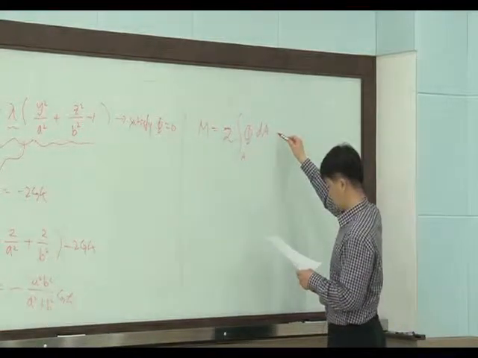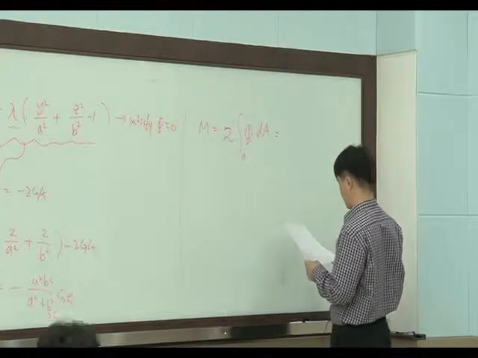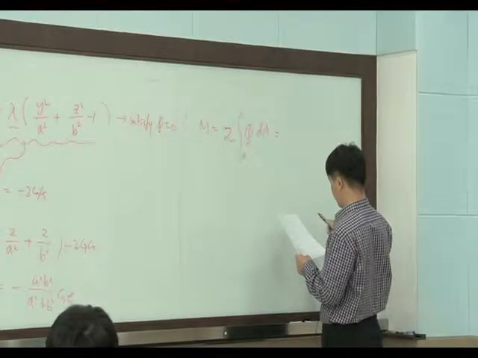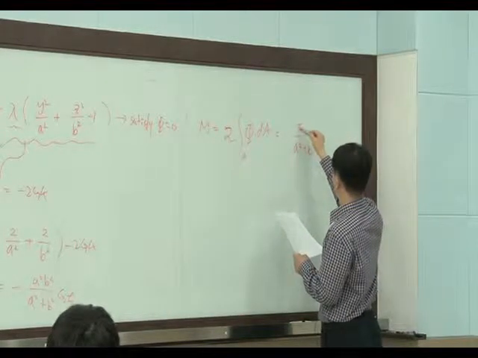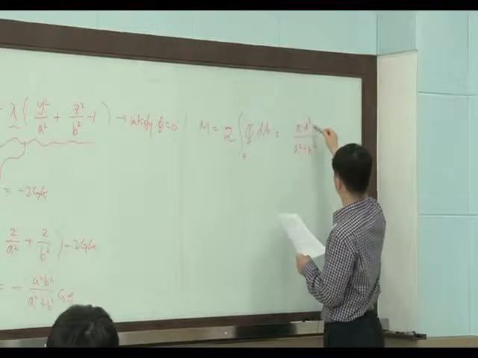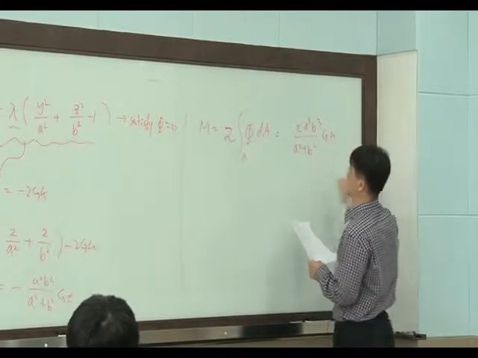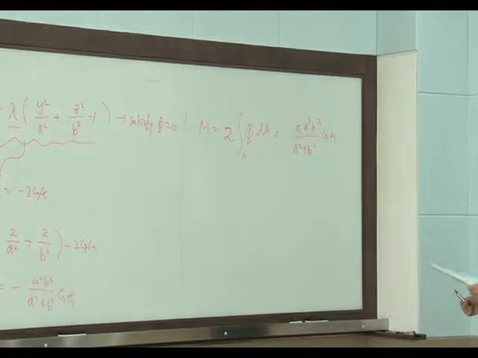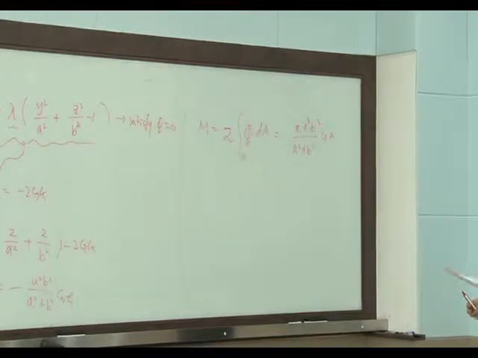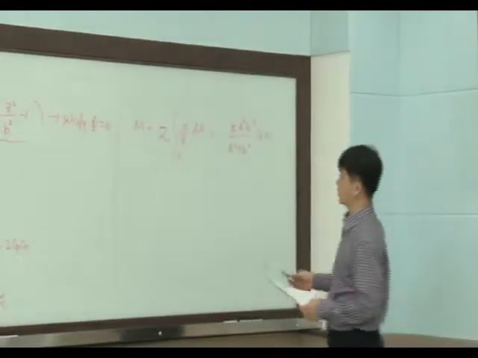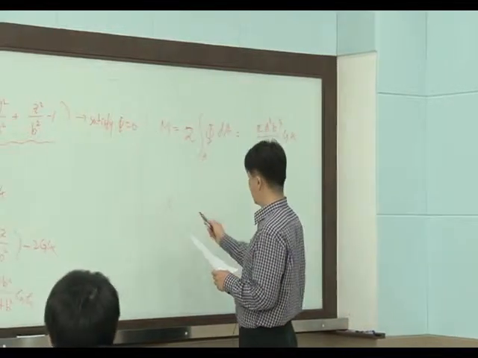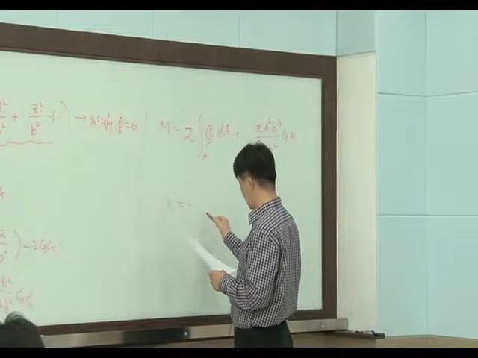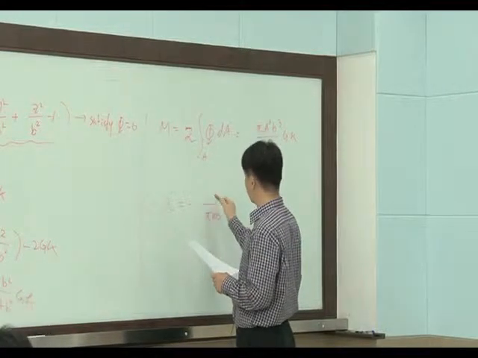If we calculate this, it becomes pi a cubed b cubed over (a squared plus b squared) times Gk. And we can also find the relation between lambda and moment. Lambda becomes minus M over pi ab.